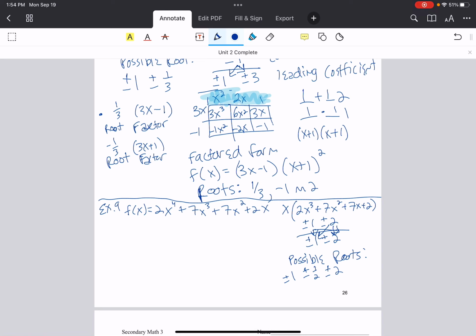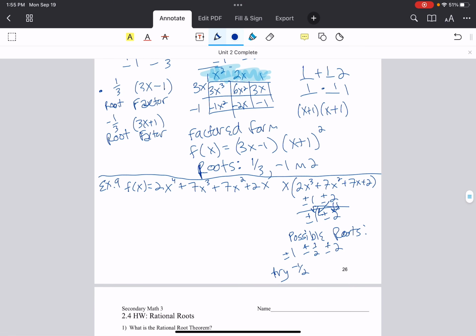Does that make sense? Okay, the one I want you to try first is -1/2 because I want to practice writing its factor. There's no rhyme or reason to what you try first, okay? I just want us to practice writing this factor.